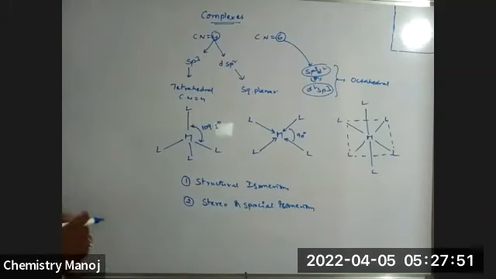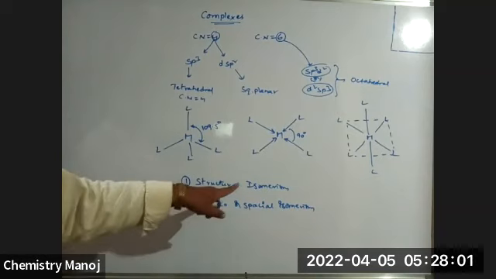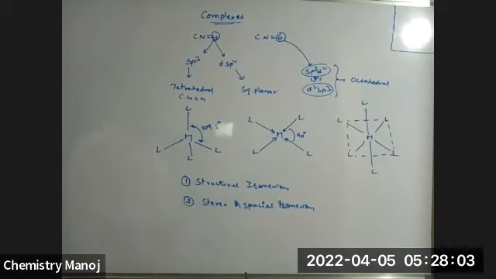Now, first of all, we are discussing structural isomerism. In complexes, structural isomerism means structures are changing. The complex formula is the same, but because the structural arrangements are different, those are considered structural isomers, and this isomerism is called structural isomerism.